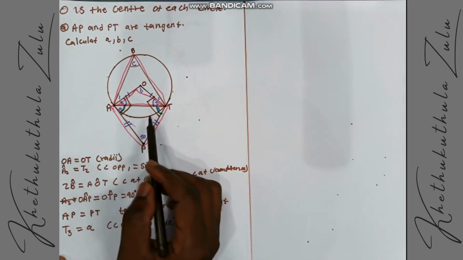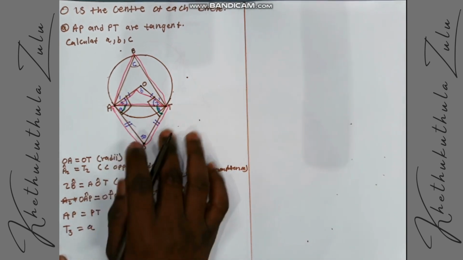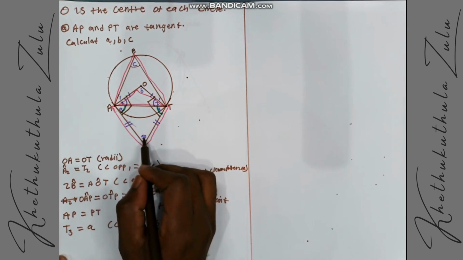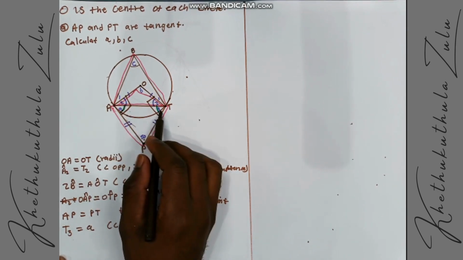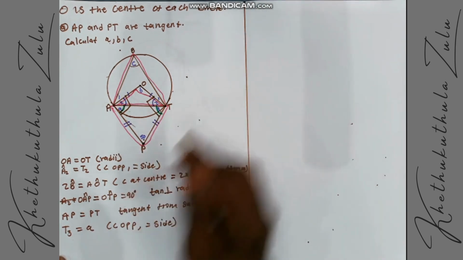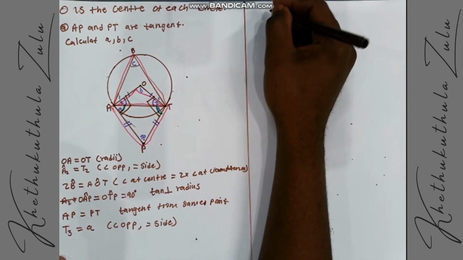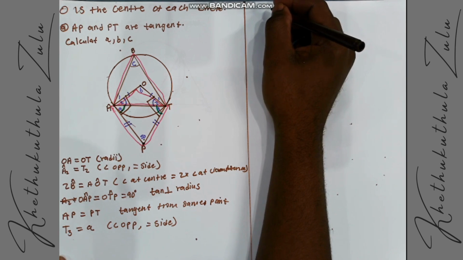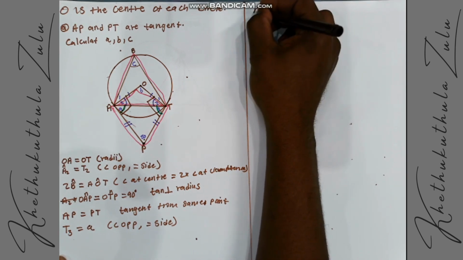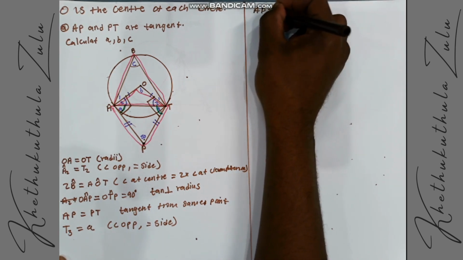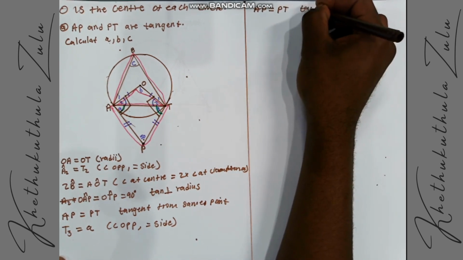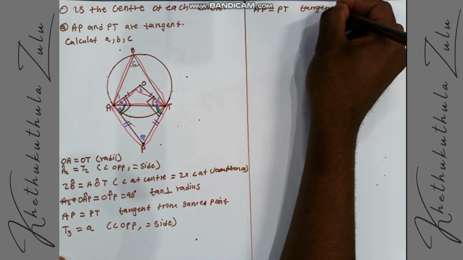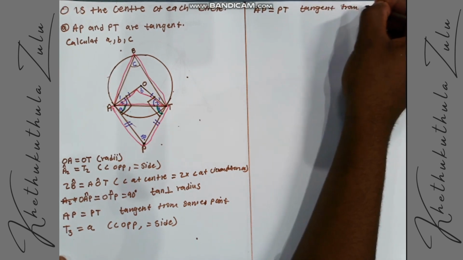From there we can start by calculating A from what we know in this triangle. Since we do have 50 here, we know this A is equal to T3. So writing procedurally, you can start by saying AP is equal to PT, because tangents from the same point.